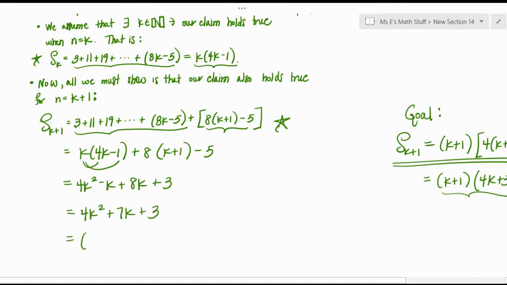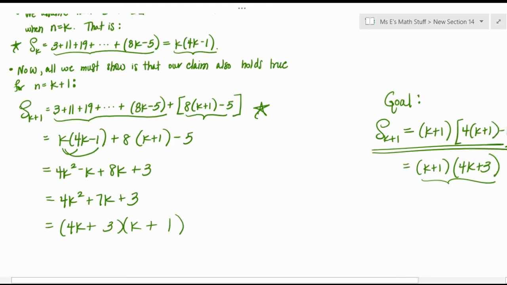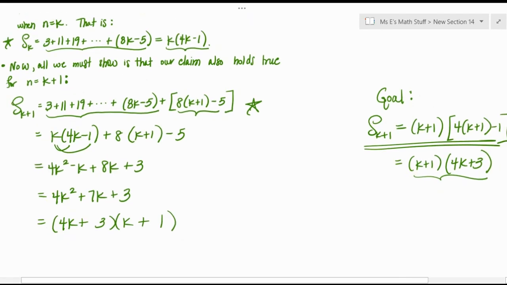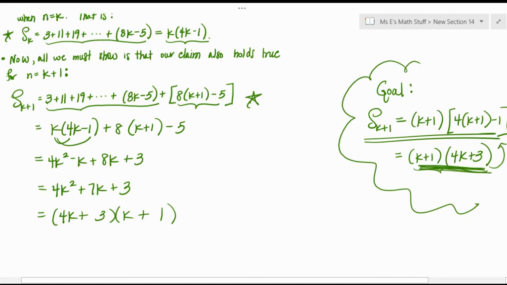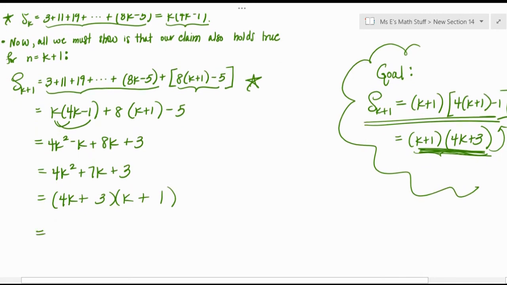Now let's go ahead and factor that. So we'd have 4k times k. Let's go with 3 here and the 1 here. Okay, now compare this to my scratch work over here about what my goal was, and notice that I basically have this little step right here, and now I just need to unsimplify it a little bit and show that it's just that sum formula up at the top where instead of n's you have k plus 1s.